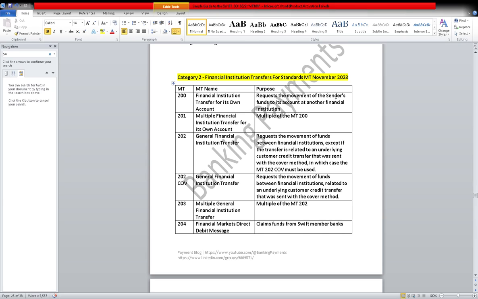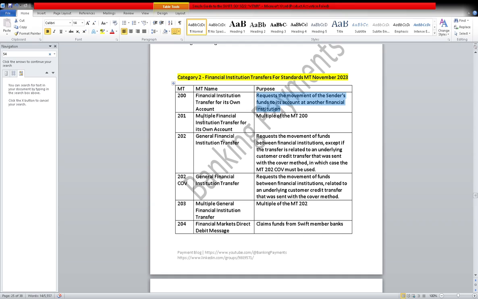The person remains the same. Take it like this: you are transferring money from your HDFC bank to your ICICI bank, from one bank account to another bank account, but both are you only. That's a simple thing.